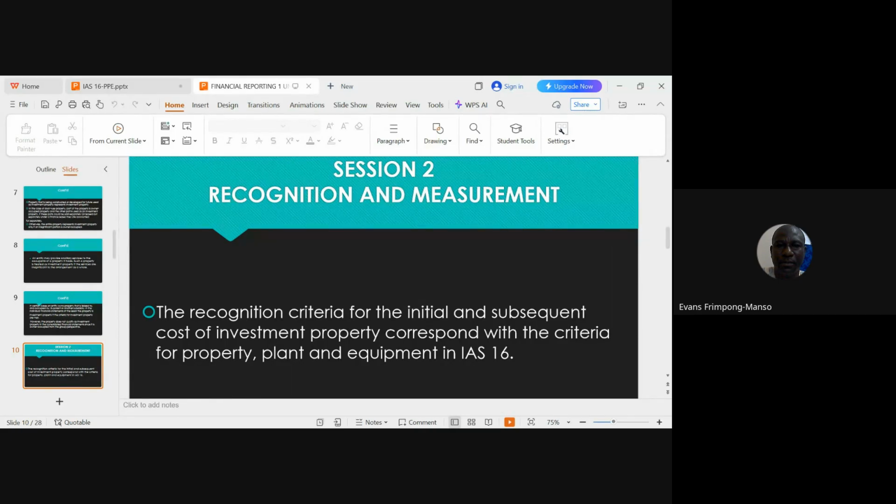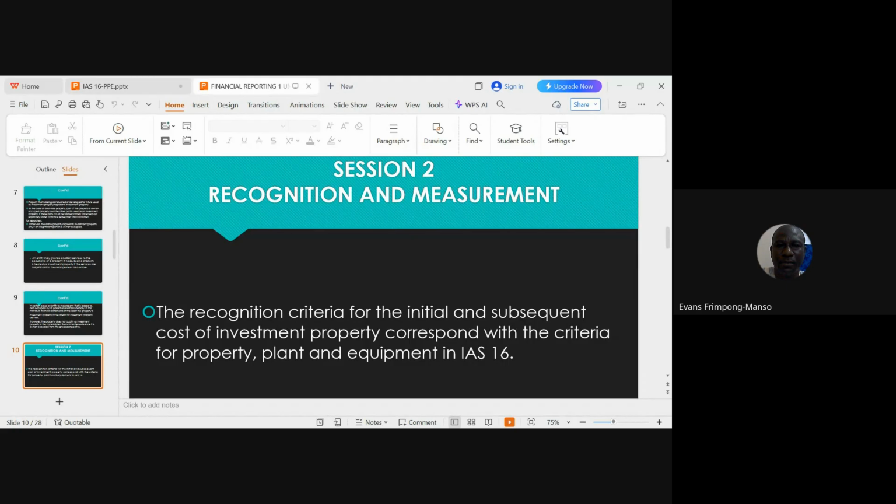Now listen to what the standard says. It says that the recognition criteria for the initial and subsequent costs of investment property correspond with the criteria for property, plant, and equipment as we have in IAS 16, which means that to recognize and measure investment property, we can use the same criterion as we used under IAS 16.